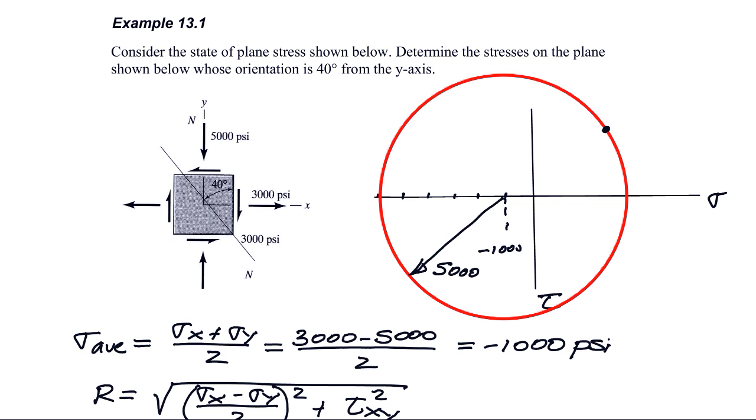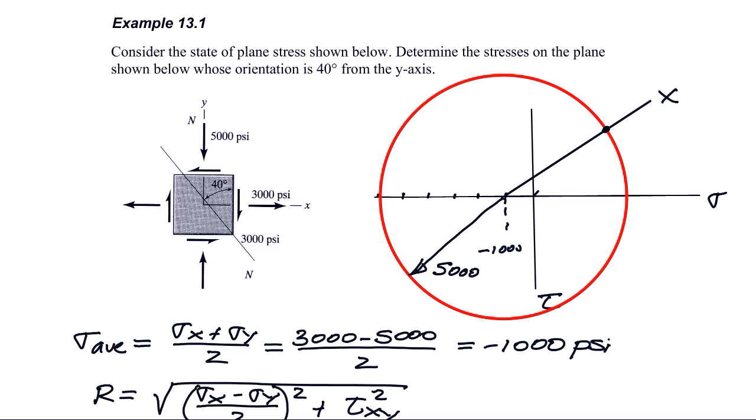So I know that the x-axis is along there. Let me do a better job here than that. So this is x.